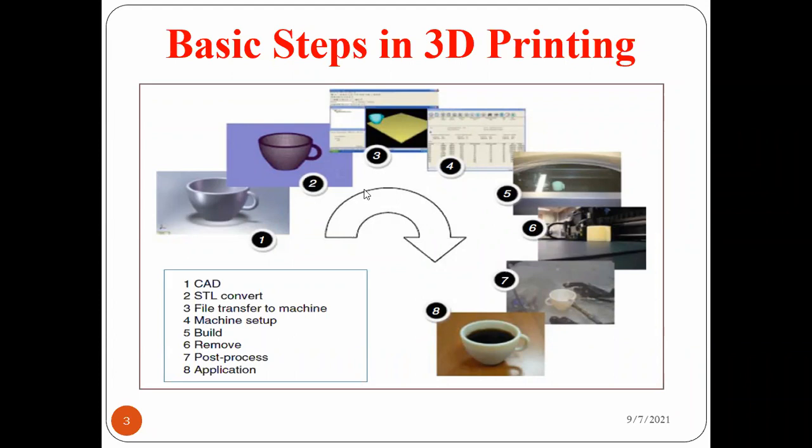So for the STL to slice conversion, we require some softwares. In the machine build-up setup also, we give the machine parameters using the 3D printing softwares. From steps 1 to 4, almost, from here to here, we require the 3D printing softwares. We require design softwares. We require conversion softwares. If any errors are there in the STL file, we correct the errors in the softwares.